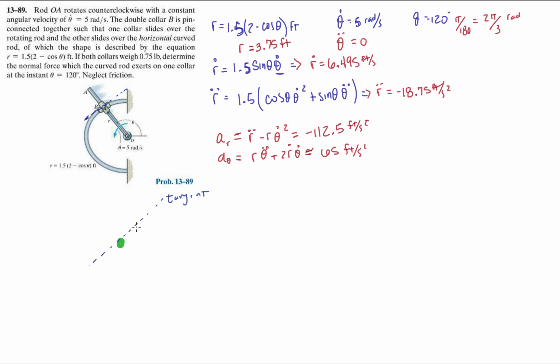Now let's say the theta axis is going to be, well, let's try the radial axis first. Right, so this is a radial.